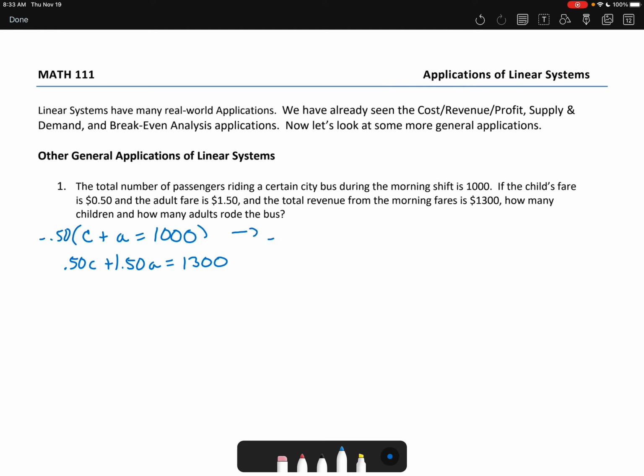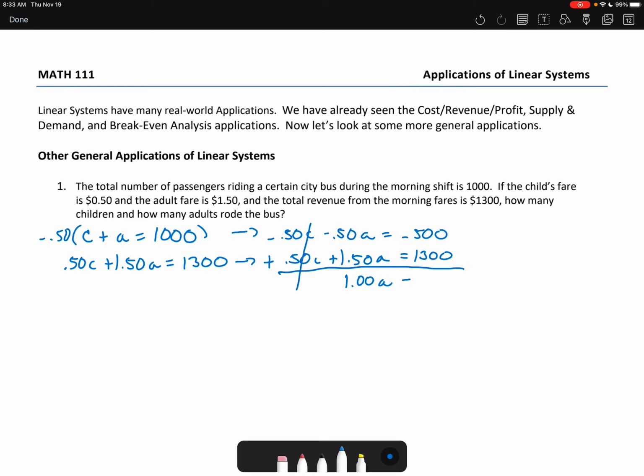So that'll give me negative 0.50C minus 0.50A equals negative 500. The second equation stays exactly the same. I don't need to multiply it by anything. My C's are now opposites, so they will cancel. I get that 1A equals 800, and that's already solved then.